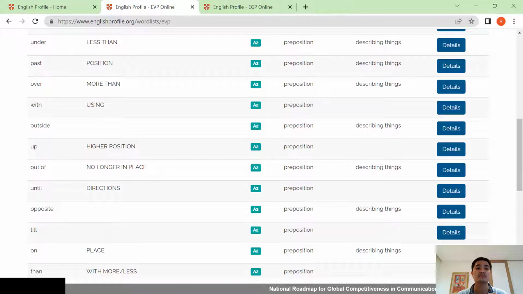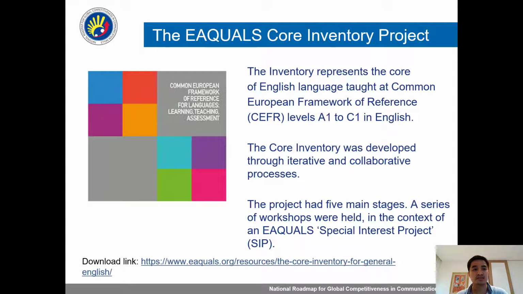And they're done on a per language basis. So the CEFR is done for all languages. The resource level descriptors are only done for one language. So in addition to the resource level descriptors, they came up with something even more detailed, a full curriculum, which is called the English Profile core inventory project.